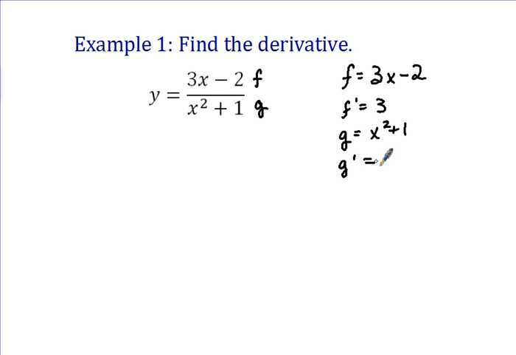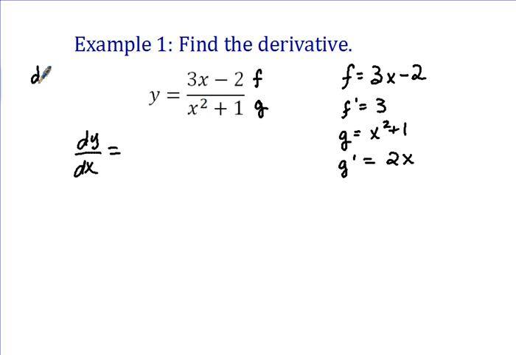And so g prime would be 2x. Now I'm doing this right now just to be clear about what I'm doing. If listing the parts out to the side helps you, then I want you to continue doing that. But if you can do these things in your head while you go through the application of the rule, that's really good as well.